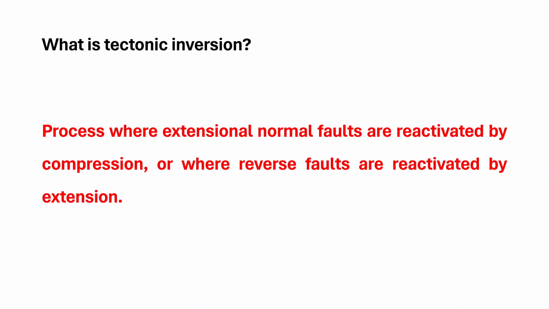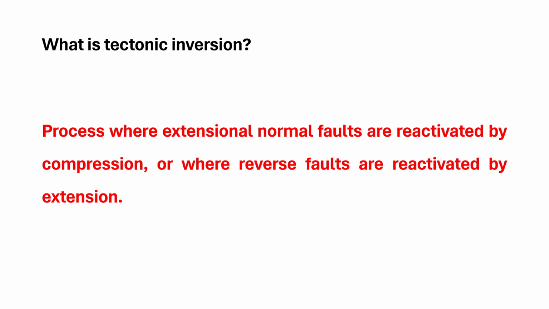So normal faults are almost always formed by extension, but in some cases such normal faults moved and stayed like that, and then get reactivated by compression, which is not a normal scenario, right? That is not how normal faults are normally made, but in this particular case, they are reactivated by compression.